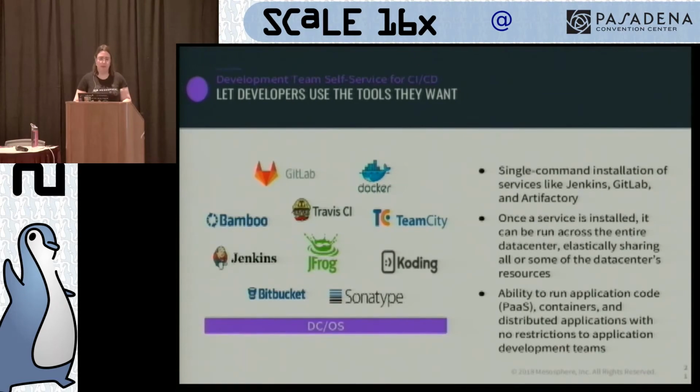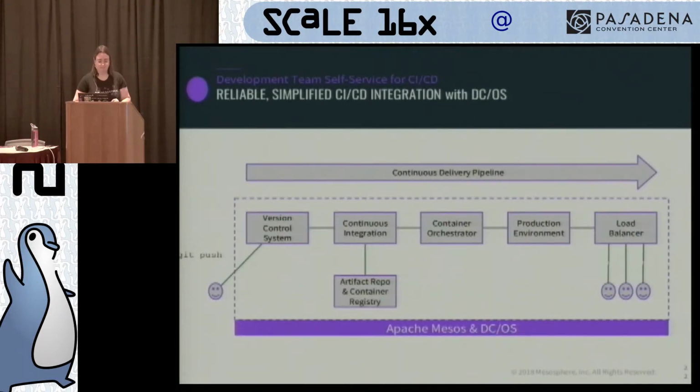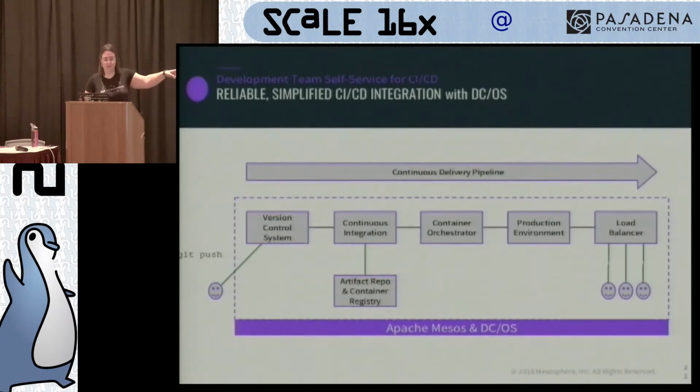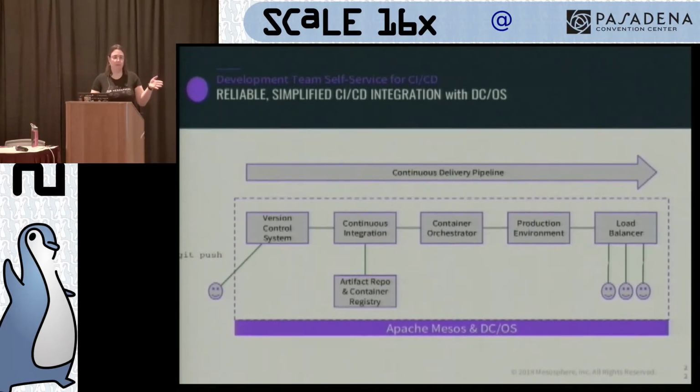So you can run multiple instances of these all alongside each other. If you look at this continuous integration pipeline here, you start off with your little developer over there doing a git push. It goes into a version control system. From there, it goes into your continuous integration system where it's going to do the testing. Since we're using containers, in the testing, it's going to build a container, and that needs to ship it off to a container registry.